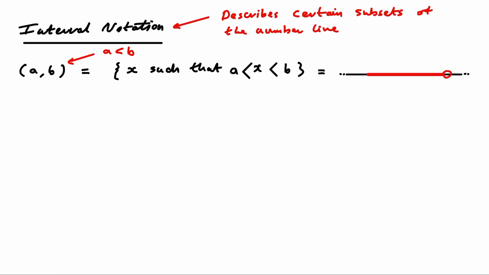I'm going to represent the fact that it's all numbers between these two points. So A is here and B is here. And at the endpoints, I'm leaving an open circle. That's to represent the fact that I am not containing the endpoints. A and B are not in this because you've got to be strictly between A and B. Now, anything of this form is called an open interval.